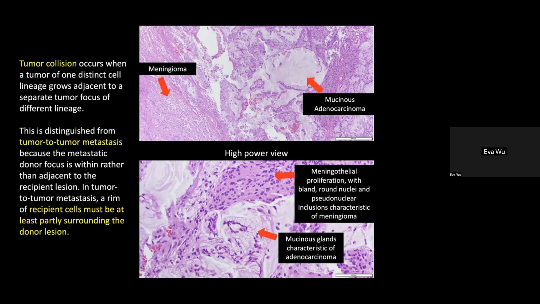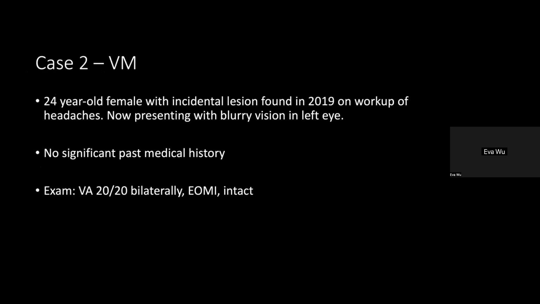And so for that to happen, the recipient cells have to be at least partly surrounding the donor lesion. So you see here, at the bottom, the meningioma is intermixed with the mucinous adenocarcinoma instead of just side by side.